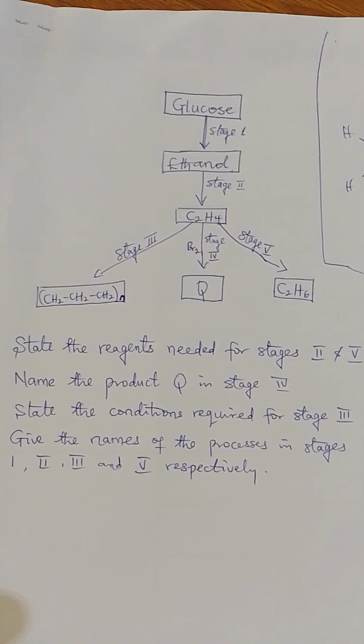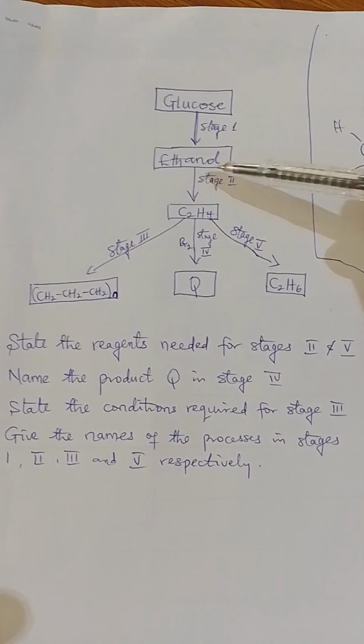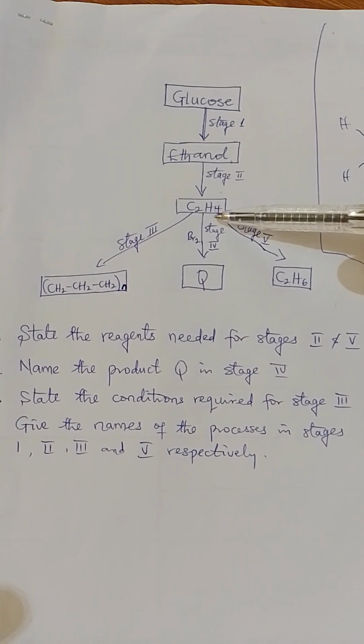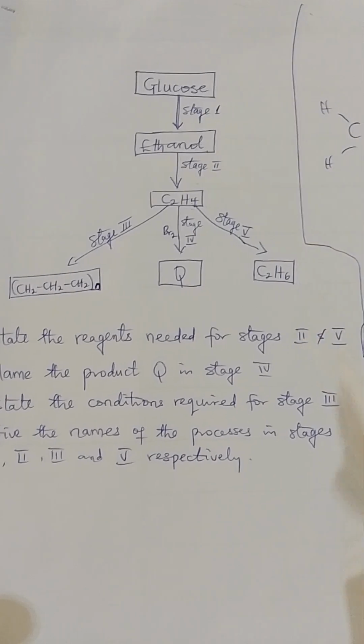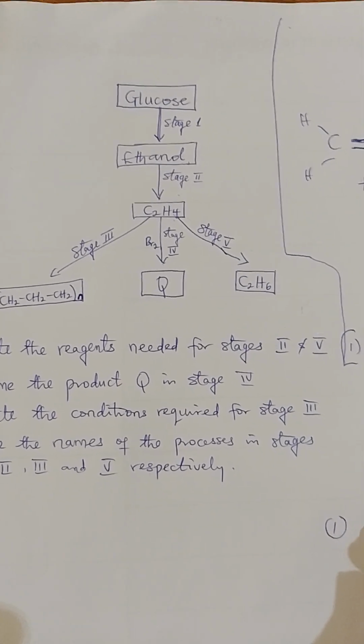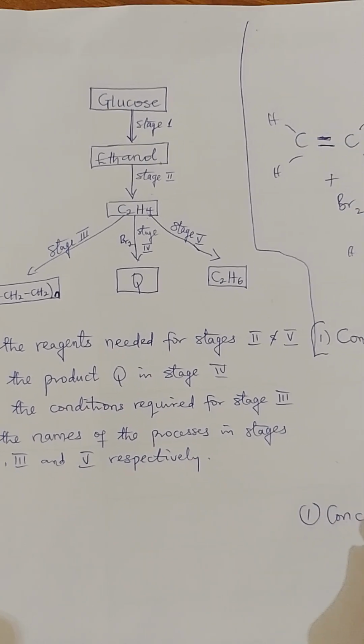One of the points there is dehydration reaction. The ethanol will dehydrate to ethene in the presence of concentrated H2SO4. So the reagent needed for that conversion of ethanol to ethene is concentrated H2SO4. What is H2SO4? Tetraoxosulphate(VI) acid.